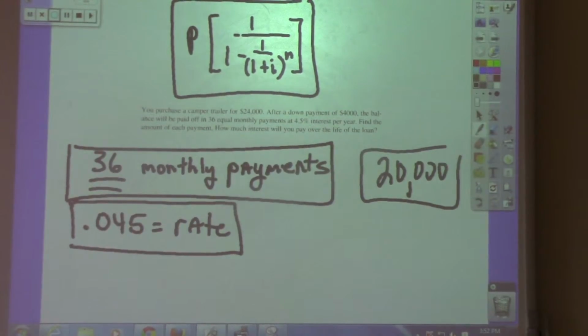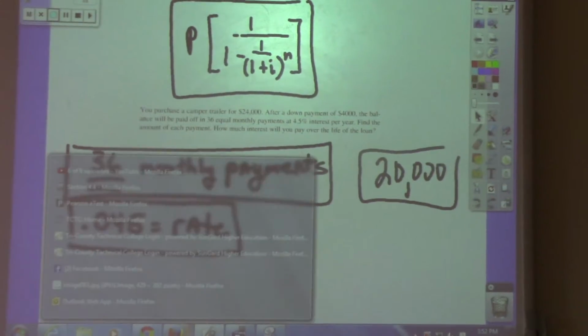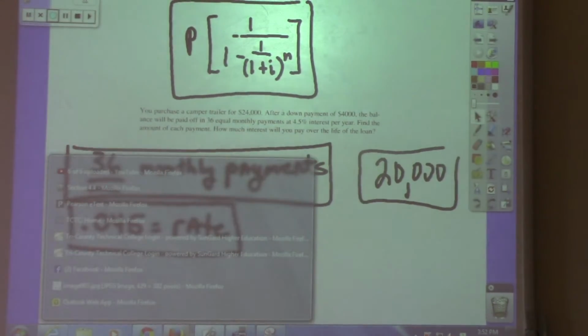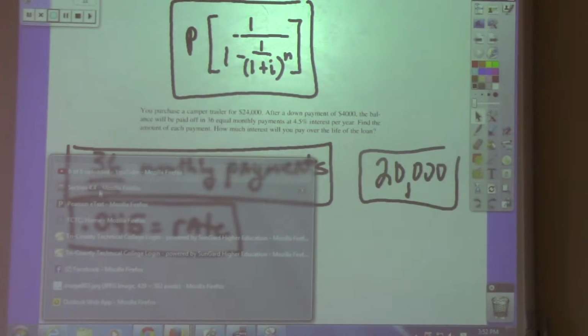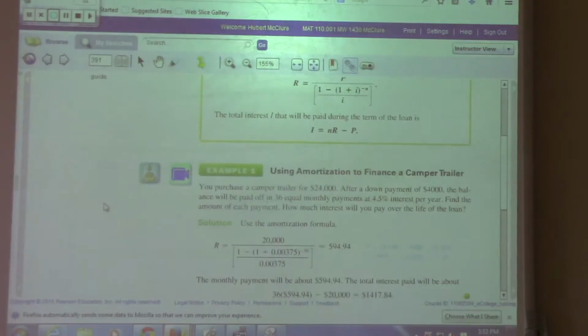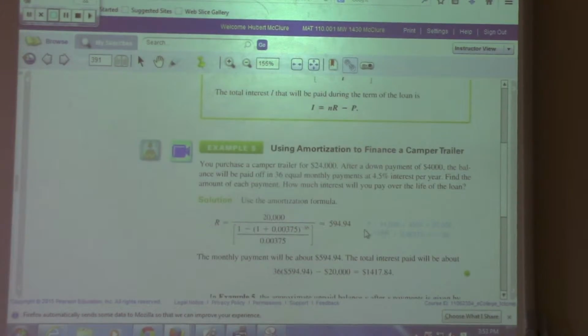All right, so there's your numbers that you have to work with. The I, there probably is saying R over N, but hold on, let me check, because I've never seen them use I before. Usually it's R over N. Yeah, I is equal to R over N. Change I to R over N, or say I is equal to R over N. It makes life a whole lot easier.